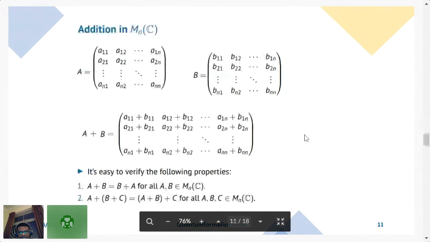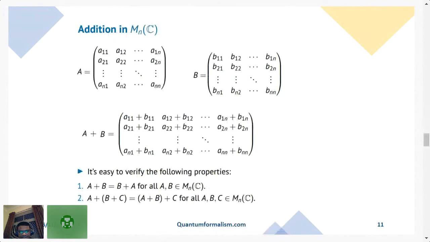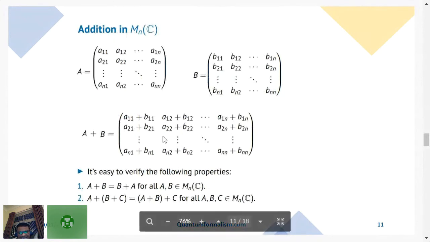Addition again, this is like kindergarten, I feel like I'm offending you guys. It's the same thing: you add individual entries. I'm pretty sure if there is a typo here, some of you will let me know, and I apologize in advance.